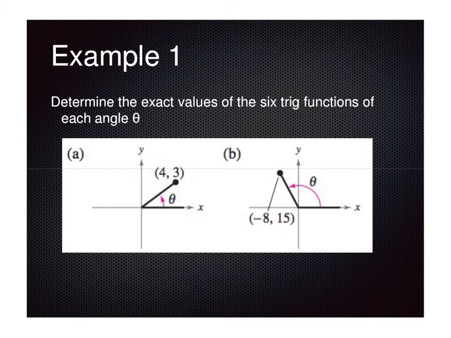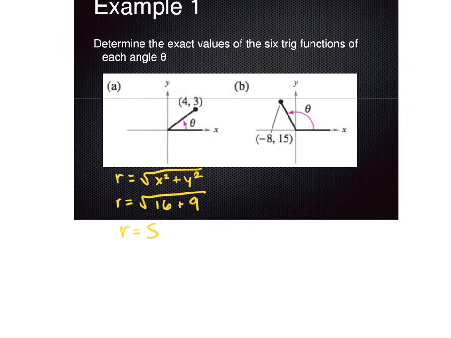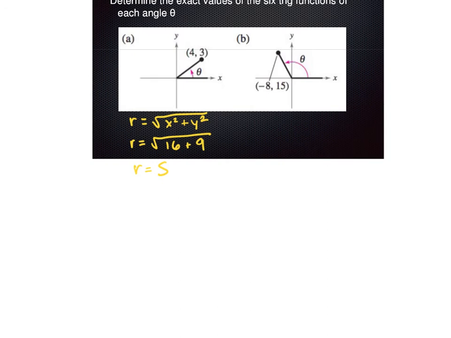Alright, so determine the exact values of the 6 trig functions of each angle theta. So first thing we need to do is find r. So r is equal to the square root of x squared plus y squared. So r is equal to the square root of 4 squared, which is 16, plus 3 squared, which is 9. So what's r equal to? 5. Now we just take that and plug it in.